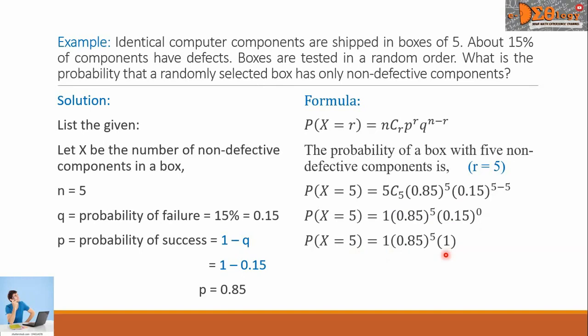And the final answer for this is 0.44. This is the probability that a randomly selected box has all non-defective components. This is our final answer.